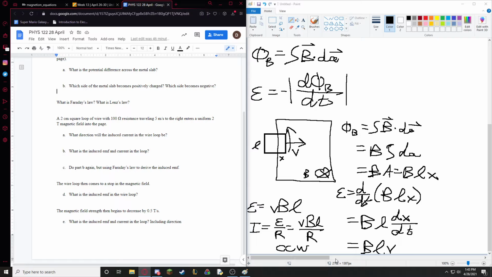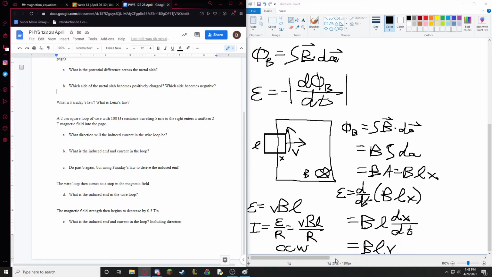And so now Lenz's law, how do we find the direction of our induced current? Do we start with the sum of all the segments?